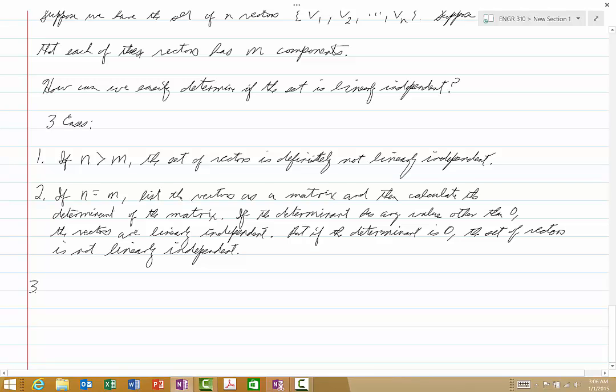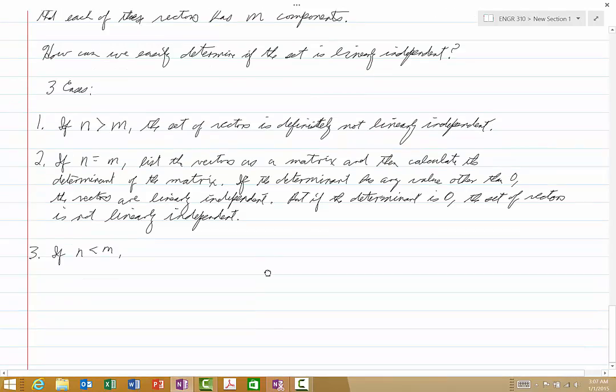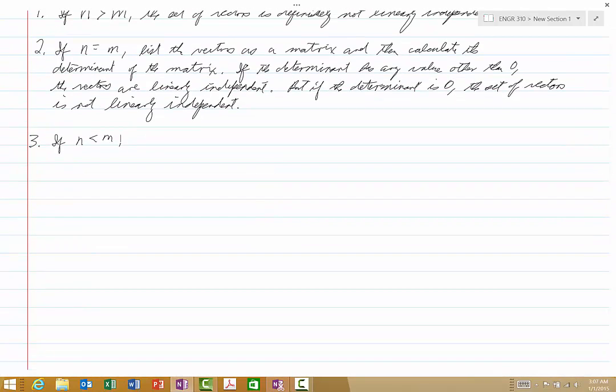And then finally, the case that, well, really, I don't know that this case is much more involved than case 2. But anyway, so if n is less than m, what you should do is, let's see, how do I want to say this?